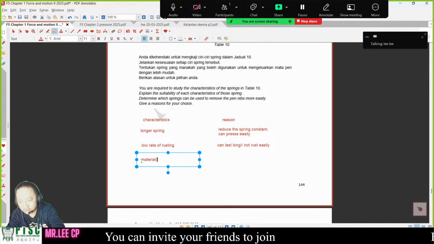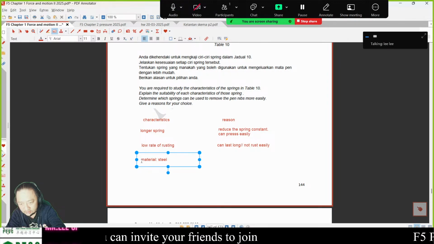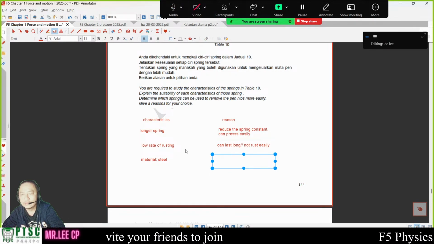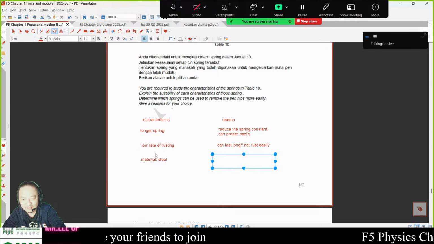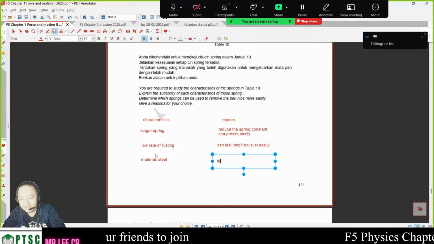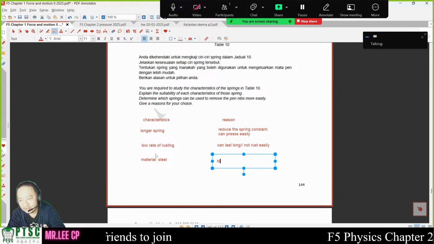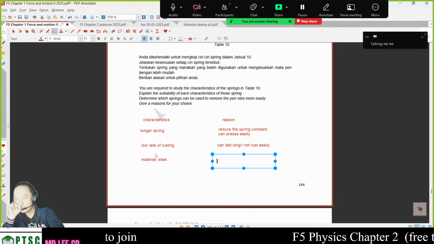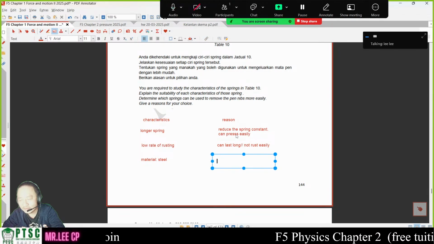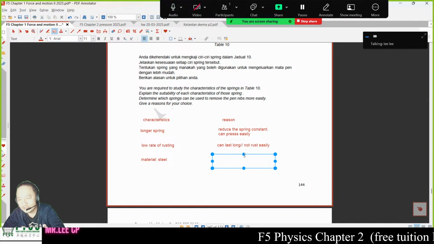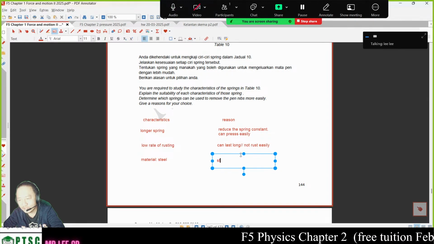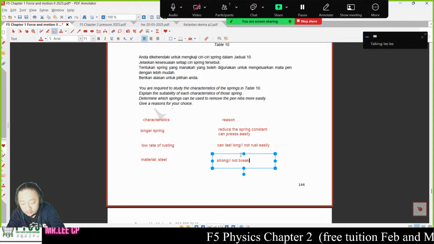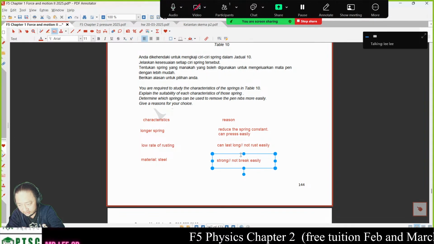Why are you using steel? Low rate of rusting. Higher spring constant, but here I write low spring constant. Strong or not break easily also can.